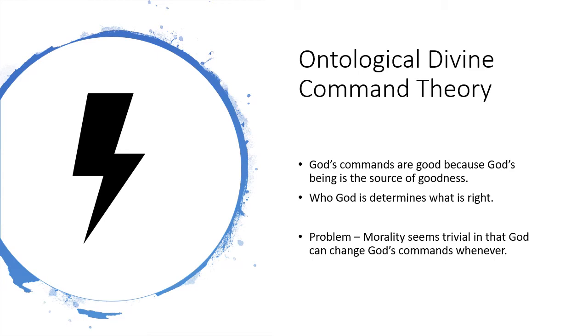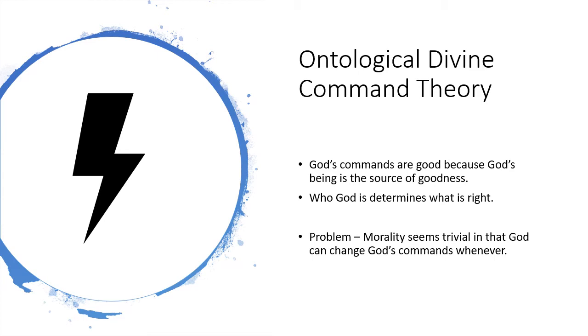So instead of God's knowledge determining what is right and wrong, it's just who God is that determines what is right, and subsequently what is wrong. In this arrangement, the main problem is that it seems to trivialize morality, because if God decides to change his mind, God can command whatever, whenever he wants, and that automatically changes the moral nature of a particular action.